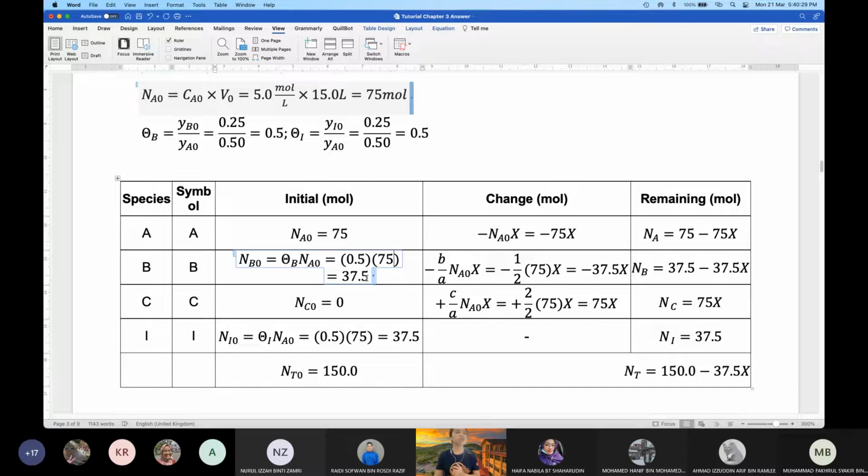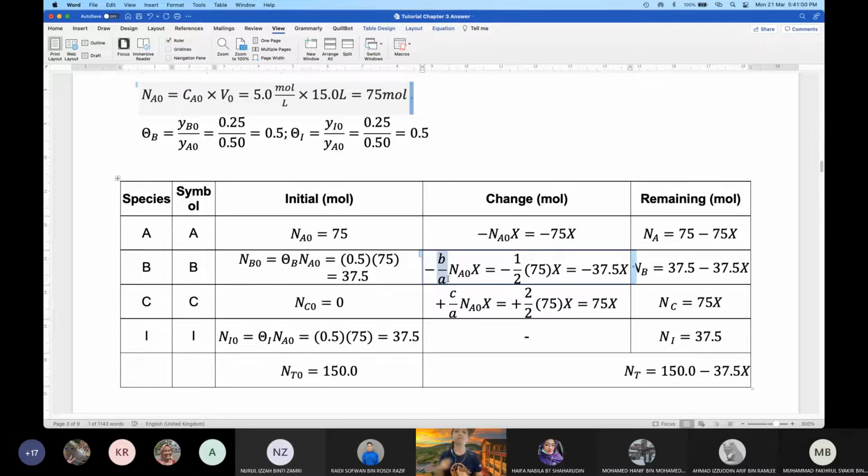Okay, then go to change. So in this case, again, B is a reactant. So konsep dia pemahaman bila B adalah reactant, B will disappear ataupun B will be consumed in the reaction. So the number of moles of B will decrease. Dia akan menurun. So that's why it has a negative sign here untuk indicate dia akan berkurangan as the reaction takes place. So minus multiply with B per A and Na0X.